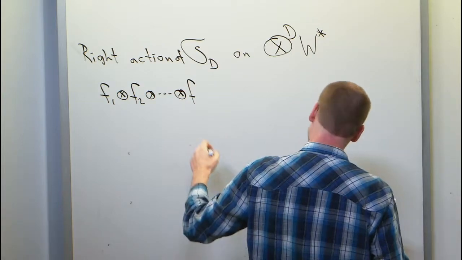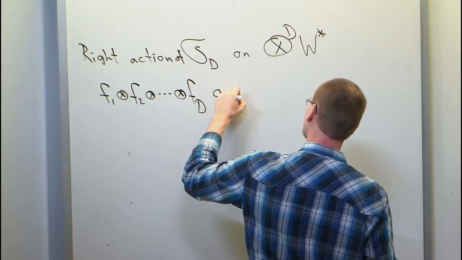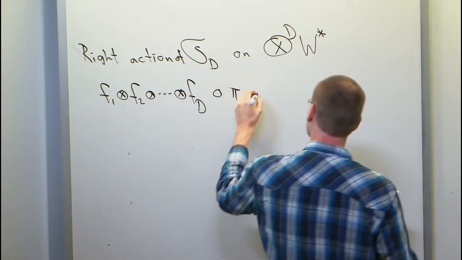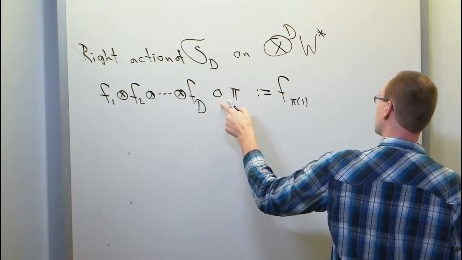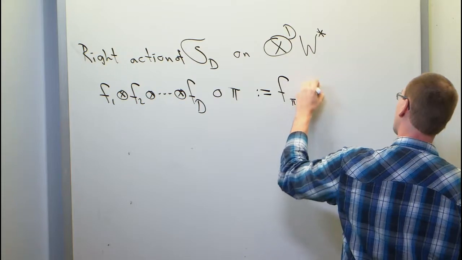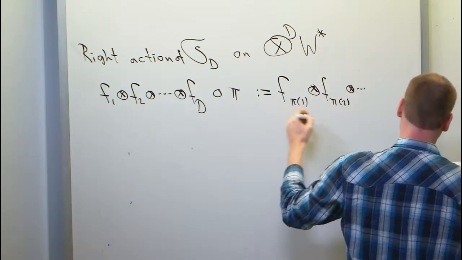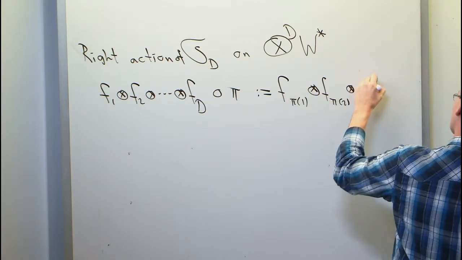So I write pi here, and this circle is my action symbol. It will also mean other things; we will use this circle for all kinds of things. So that's our right action of the symmetric group.